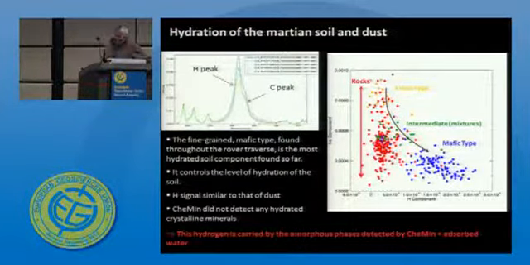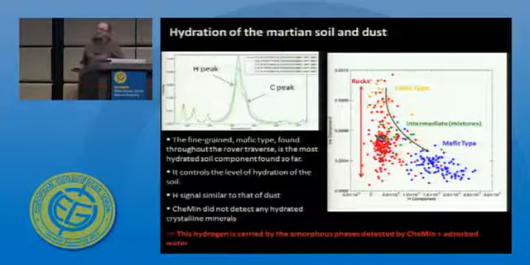And we see that the dust falls into the same type. The fact is that ChemCam didn't detect any hydrated crystalline minerals. So we infer from that that the hydrogen is carried by the amorphous phase detected by CheMin, and also by adsorbed water.